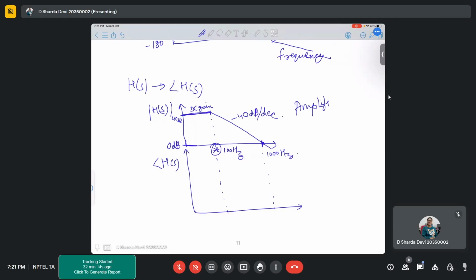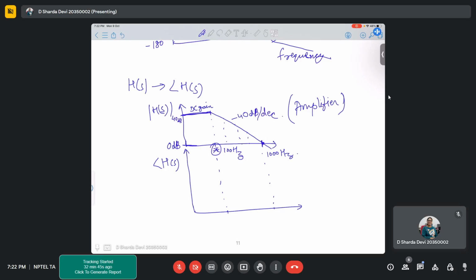So in this amplifier, if your input frequency range is from 0 hertz to 100 hertz, it will give an amplification of 40 dBs. After 100 hertz, what will happen? It will start reducing your gain because of this slope. So your gain starts reducing after 100 hertz.